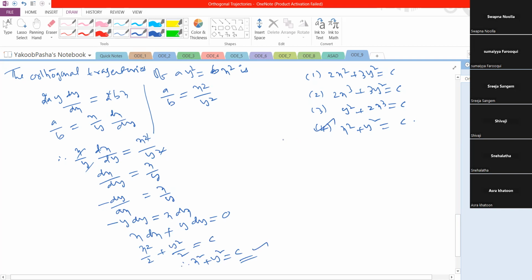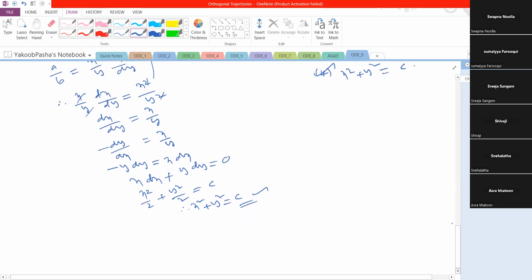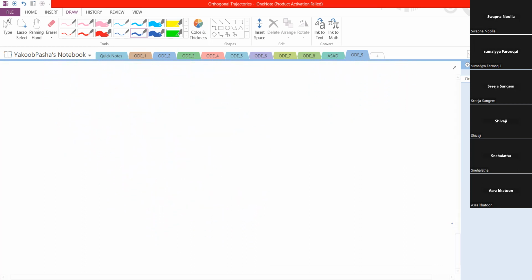Now, I'm taking another example. It is also a DL question. The orthogonal trajectories of y square is equal to 4ax.